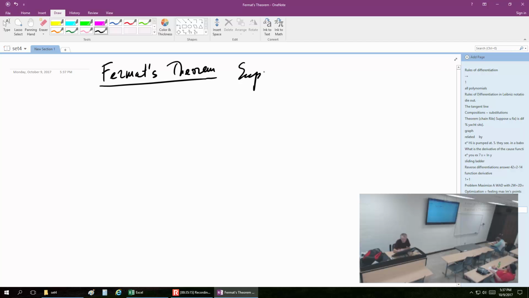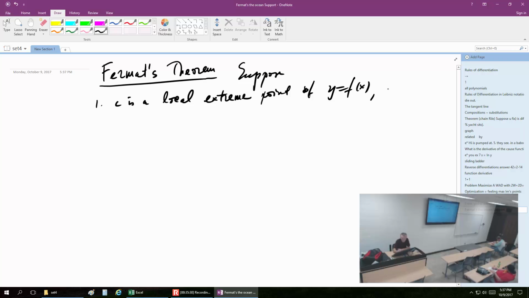So suppose c is a local extreme point of y equals f of x, and now that's crucial, f is differentiable at c. So that argument that you have provided only applies to differentiable functions.